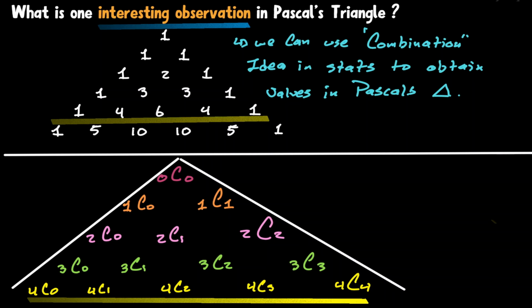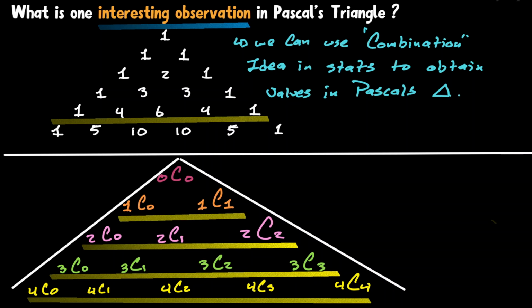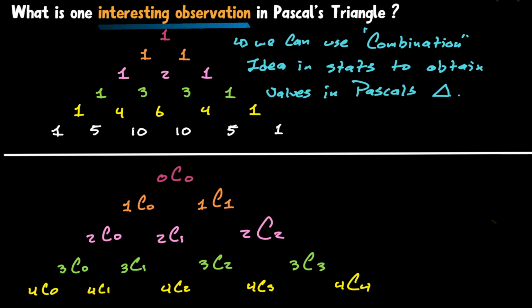We can also use the idea of combination in statistics, and they're going to give us our values from Pascal's triangle. So now, let's define the pattern that I use to define these combination buttons. When I was defining the 0 row, notice that the left-hand side was always 0. When I was defining the first row, the left-hand side of the combination was of a value of 1.